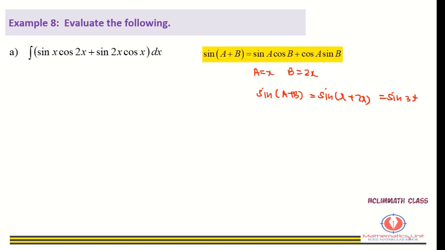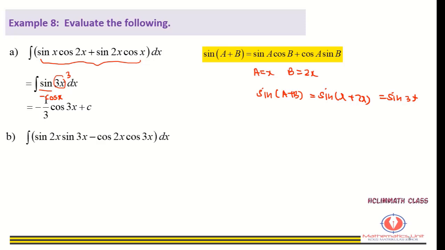So I may simplify the trigonometric functions as sin 3x. Then only I integrate. The integral of sines, I will get the minus cos, and the differential of 3x, I will get 3. So definitely I will have the negative cos 3x divided by 3 plus the constant.